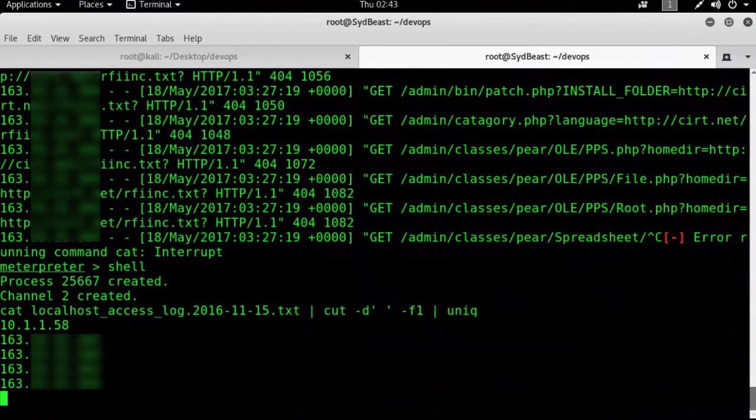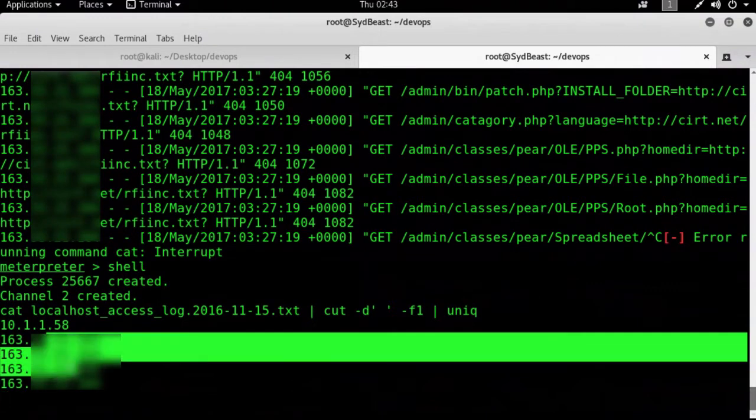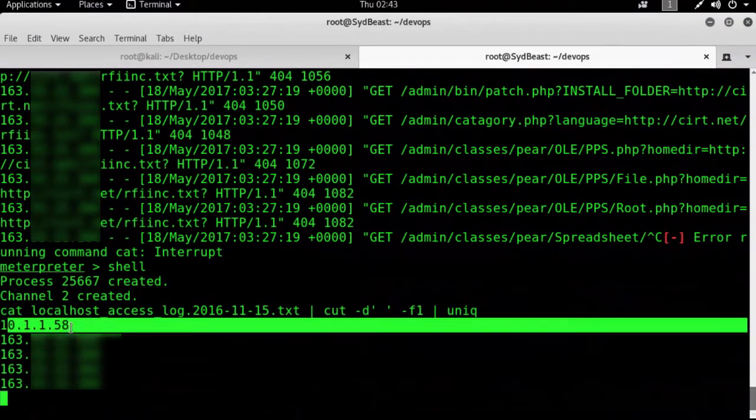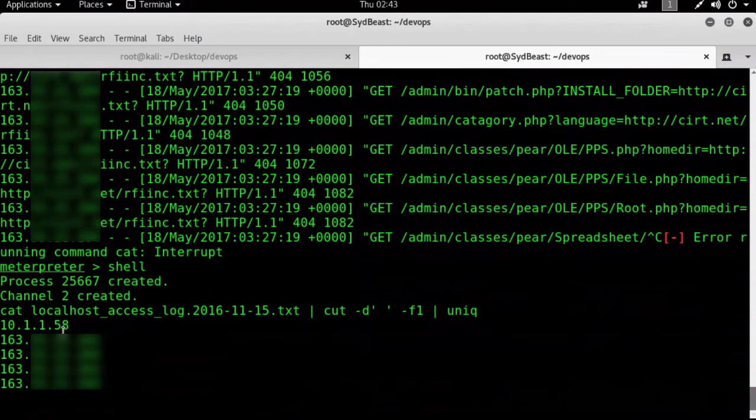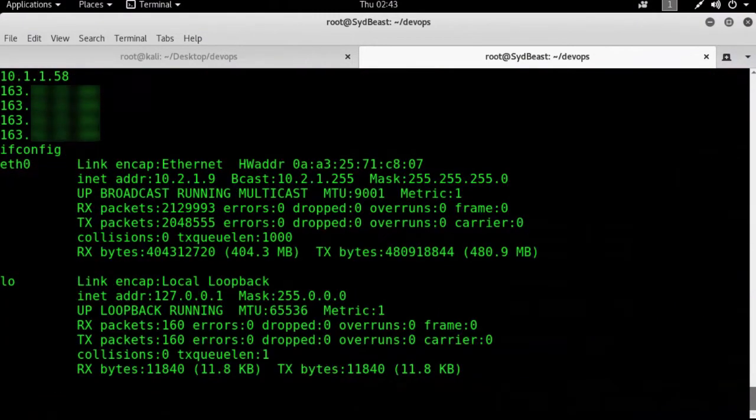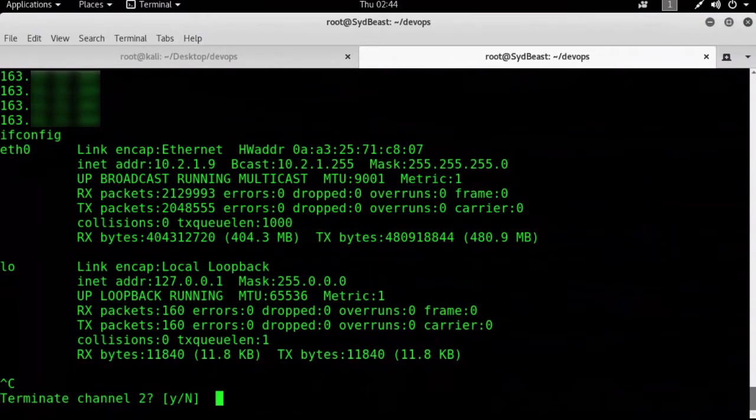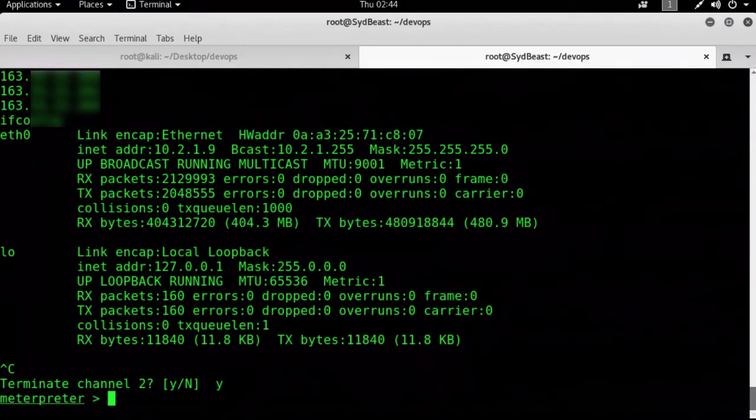Once the attacker does that, we can see there's an interesting address, which is 10.1.1.158. Now this is interesting because this is an internal IP address, and if we look at the configuration on this particular server that we've compromised, its address is 10.2.1.9.